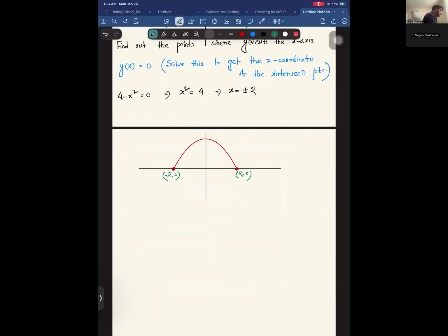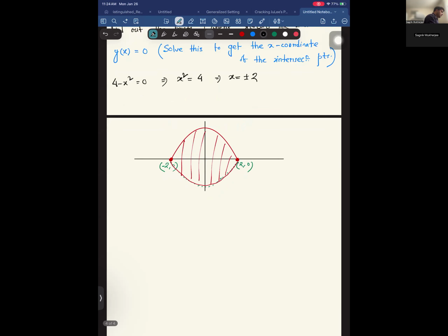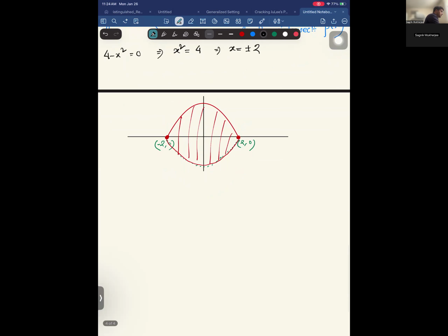So what you would get is something like this. Some volume, some solid like this, right? Something like a football, right? Then what is the volume?